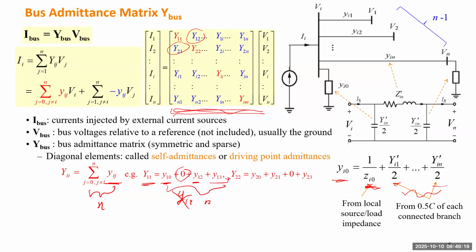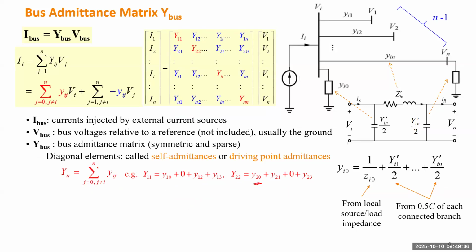But if there's no physical connection to bus 4 and bus 5, those items will be 0. Using the previous slides, using that system as an example, the Y22 can be Y20 to the ground, and y21 and y23. There's no such thing called y22.